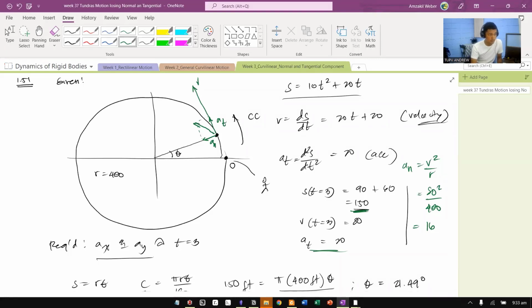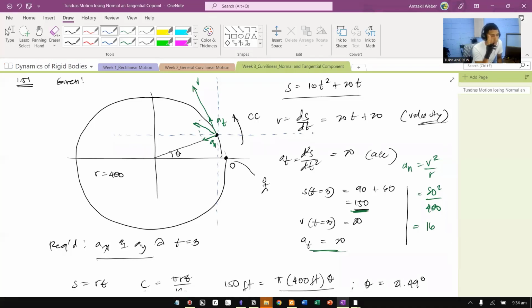Acceleration is a vector, so it must have both magnitude and direction. In this case, we project onto the X and Y axes, with AN and AT.